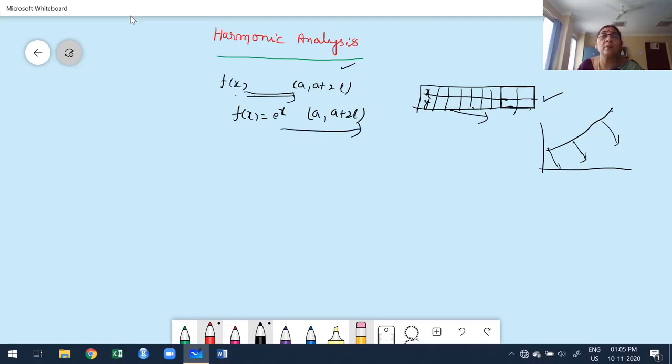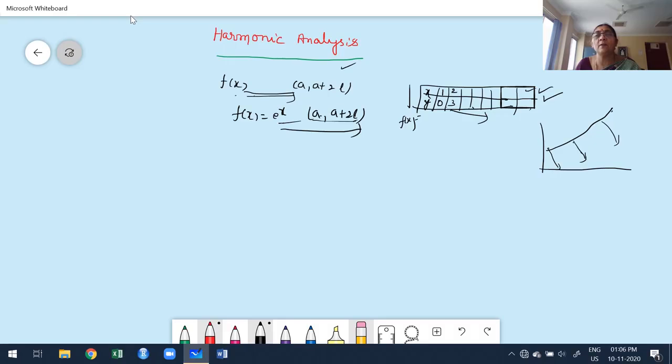But instead of giving a continuous function, they give discrete data. Instead of e power x defined in the entire range, for each value of x they give the corresponding y value. For each and every value of x, we have a y value, that is f of x, the output. Such type of values are nothing but discrete.